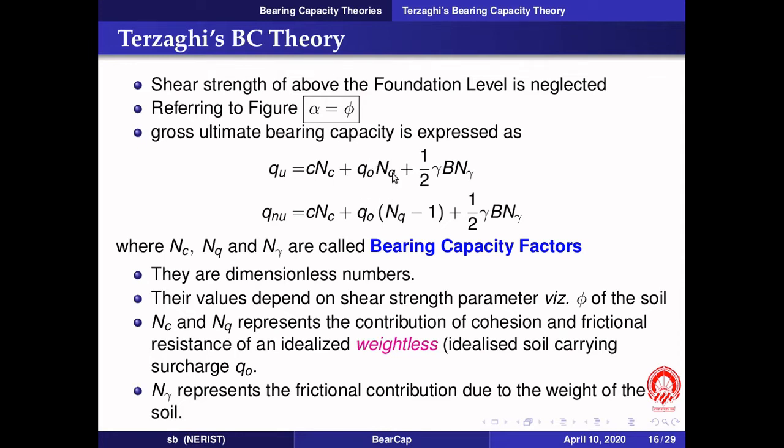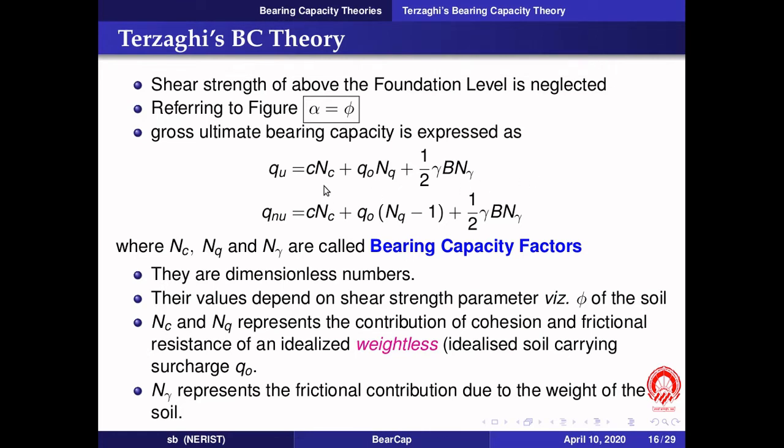Then the other part is coming due to the surcharge on that weightless material, and the remaining part is coming due to the frictional resistance of the soil having weight. All right, so the ultimate bearing capacity has three components.